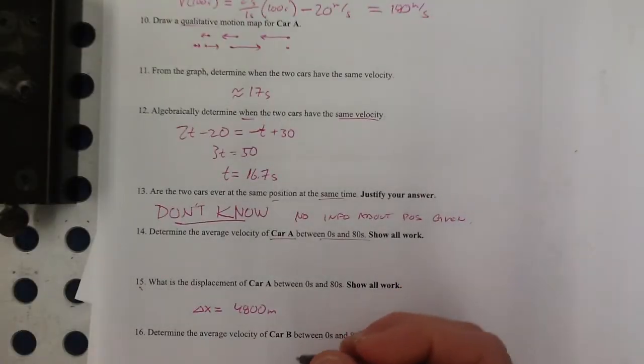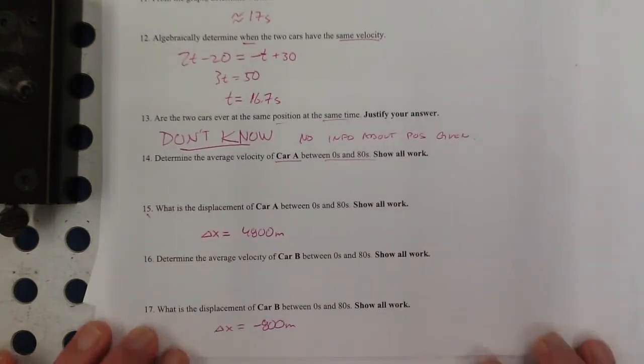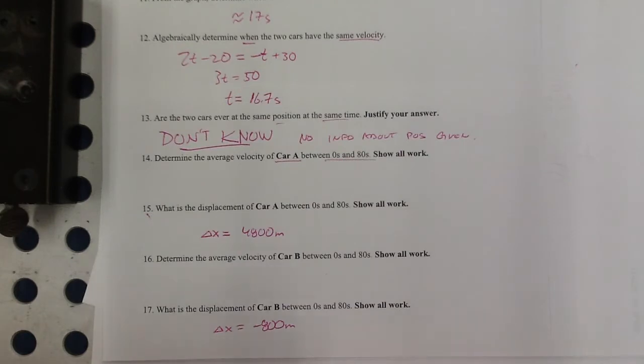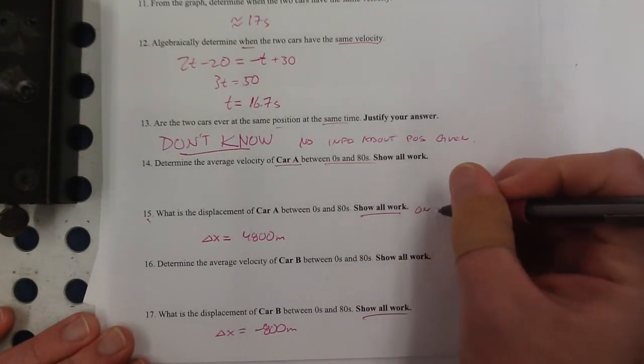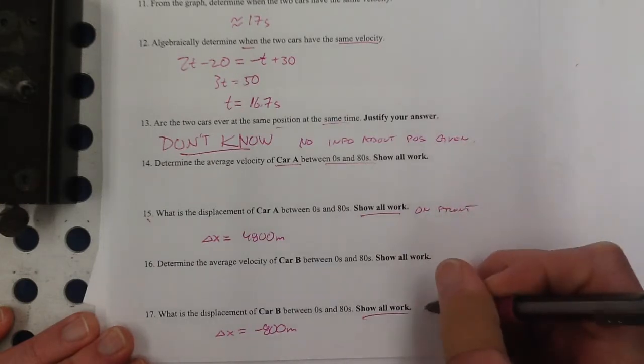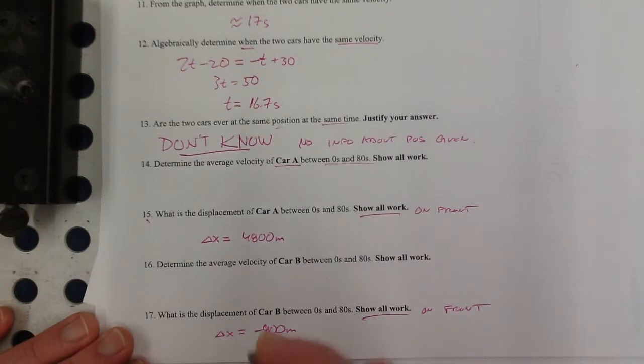You can use a calculator for all this, of course. All right. And last, my work is on the front. You know I'm cool if you do something like that, right?